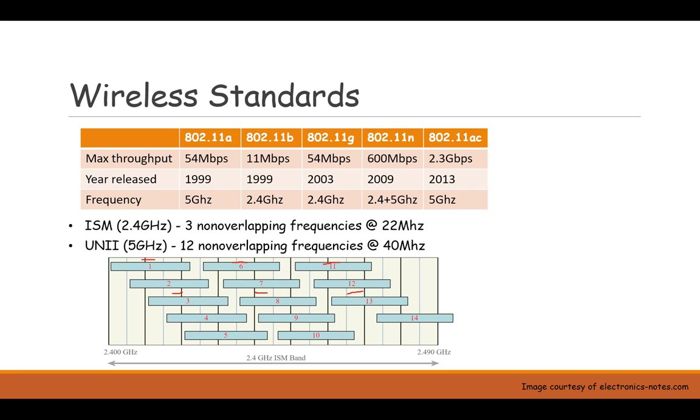This new standard changes the game a bit and boasts theoretical speeds of up to 11 gigabits. For the exam, certainly know the standards here in this table, what band they operate on, and the non-overlapping channels.